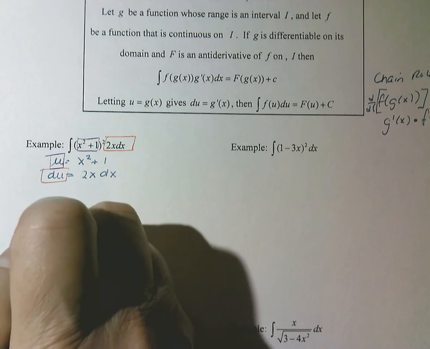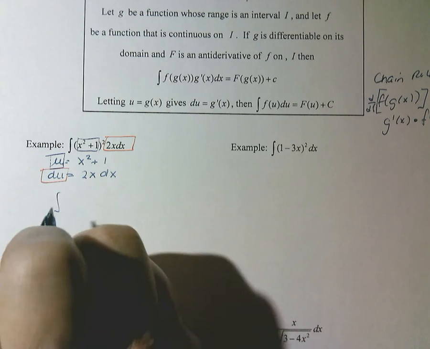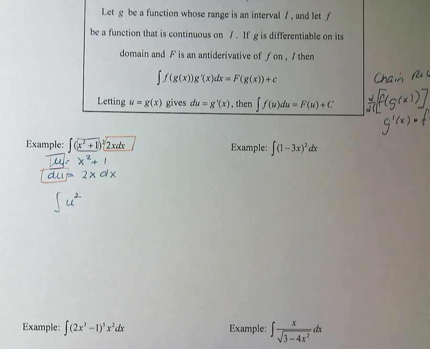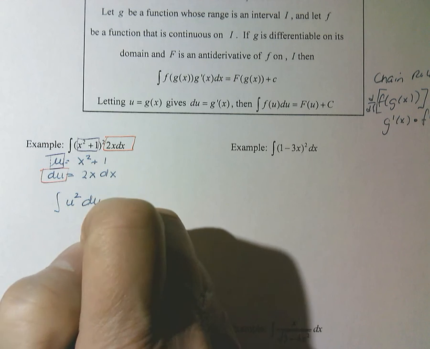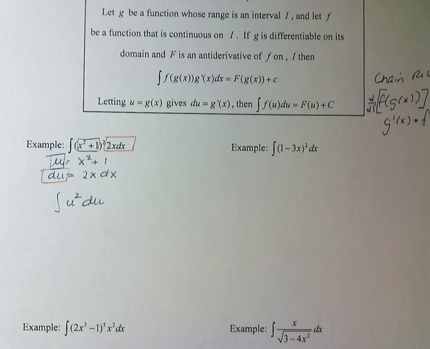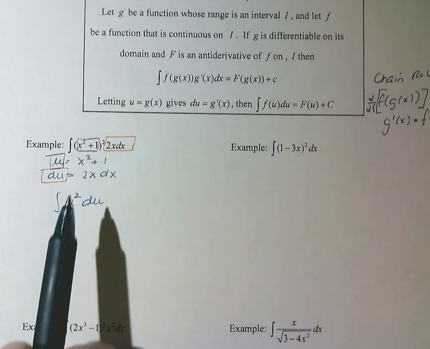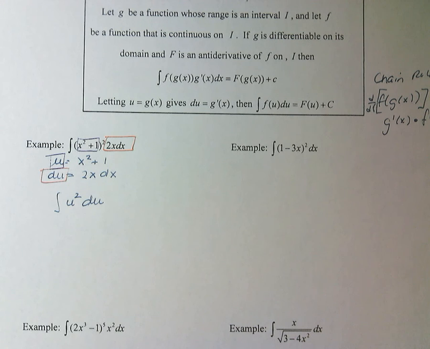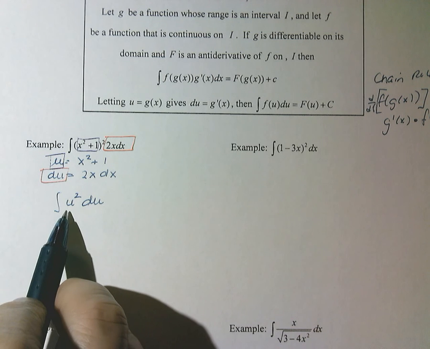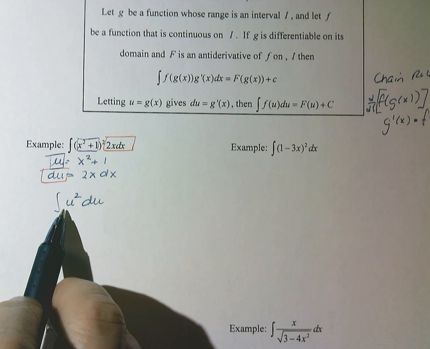So we're going to integrate u squared du. Now it becomes a much simpler problem. But recognizing what has to be u, what has to be du, and the manipulation of them is really the art form behind this. So now I can easily integrate u squared.